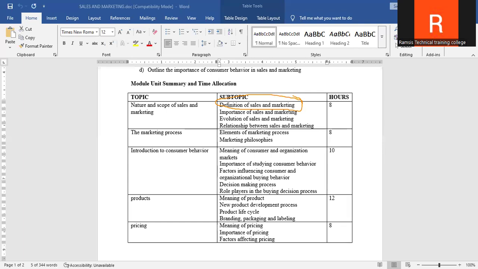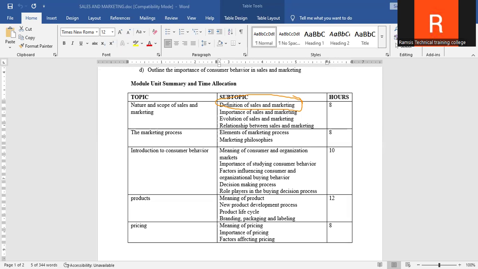Now, when you're talking about sales and marketing, we need to first differentiate, because sales and marketing are two different things.